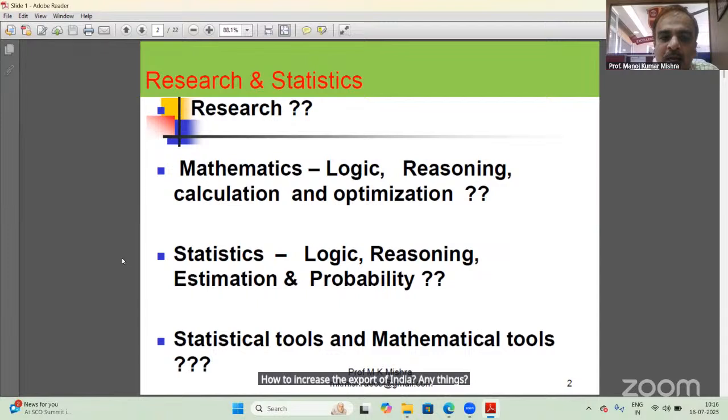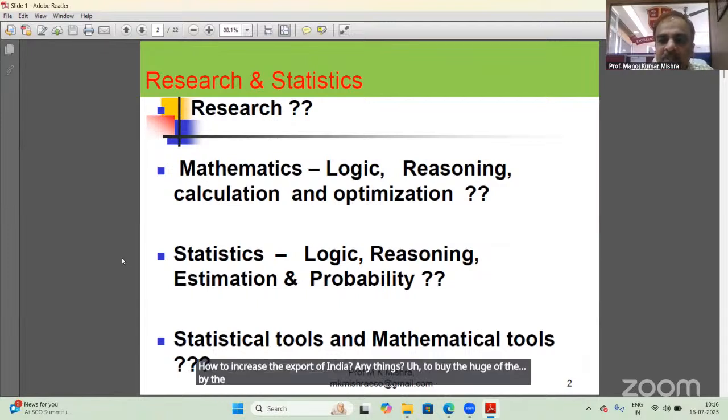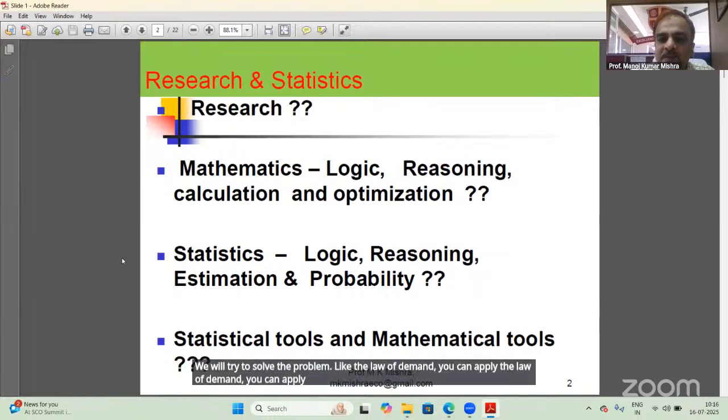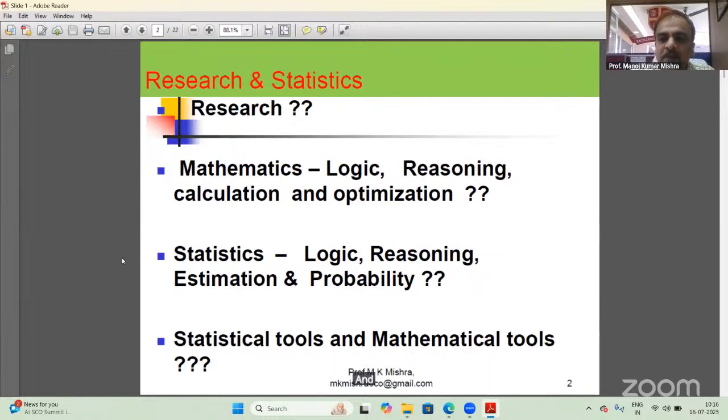By the use of previous research, we try to solve the problem. Like the law of demand, you can apply the consumption function, and by this methodology, you can try to increase the export of India.